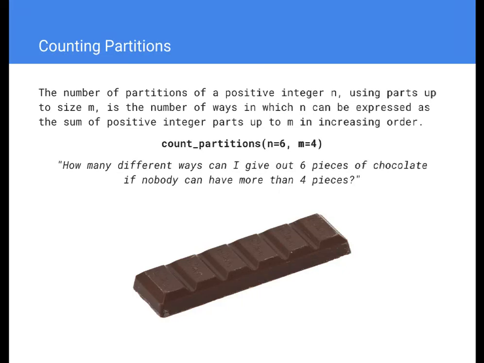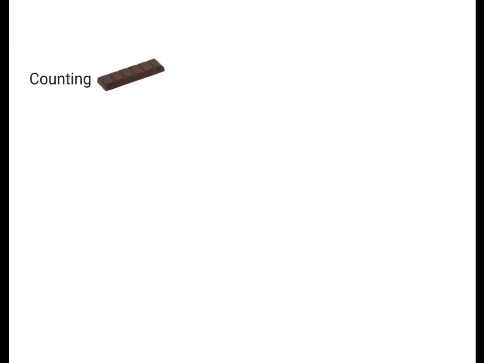So I'm counting chocolate now. If I call count partitions 6, 4, two possible combinations I could use are, I could give someone 2 pieces of chocolate and then give someone else 4 pieces of chocolate. Another possible combination is one person gets 1, one person gets 1, and the other really lucky person gets 4 pieces of chocolate. And so I can keep on listing out more and more combinations.